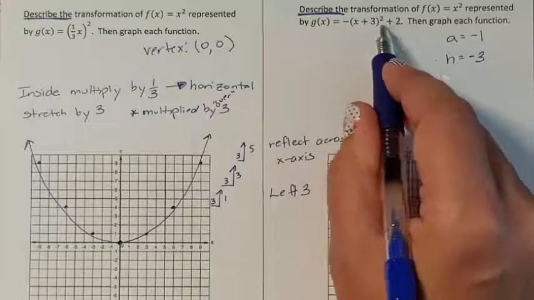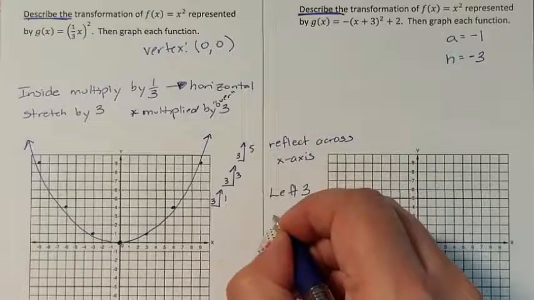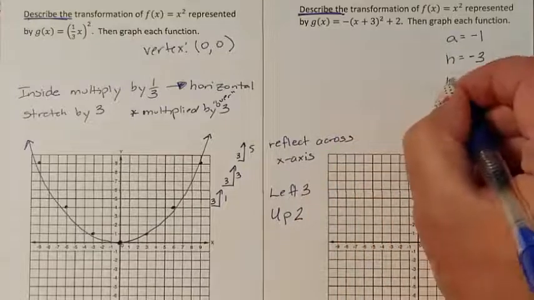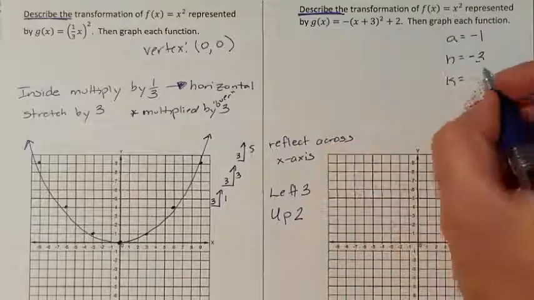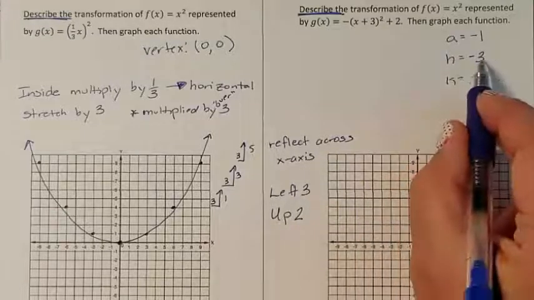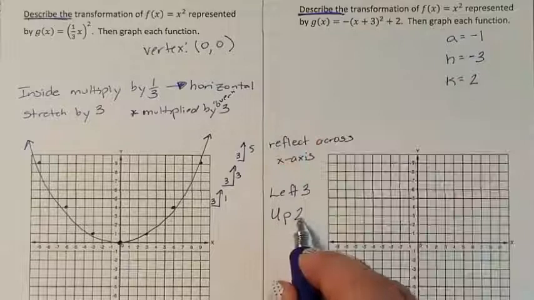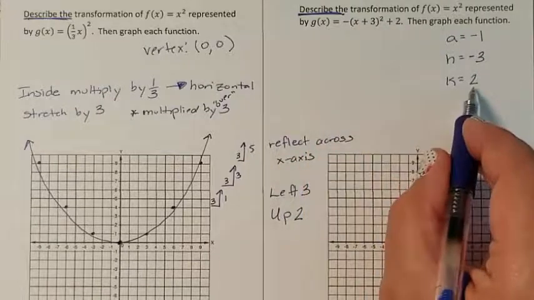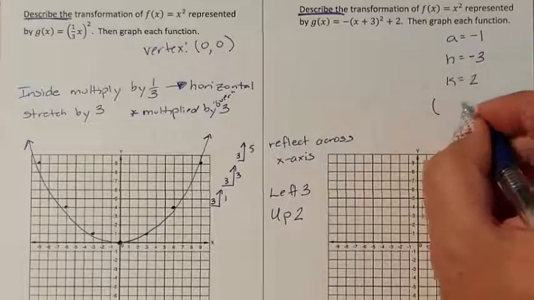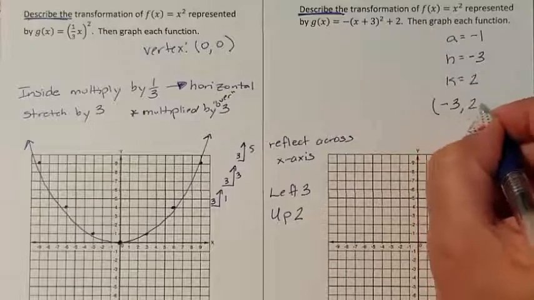If on the outside you're adding 2, chapter 1 told me that meant we went up 2. Well, that's the position of K, and K is supposed to be an added, so I am actually adding 2. Left 3 was because of the H. Up 2 is because of the K. Chapter 2 tells us we can come up with the HK vertex, so my vertex is negative 3, 2.